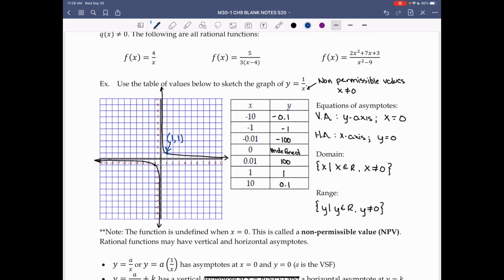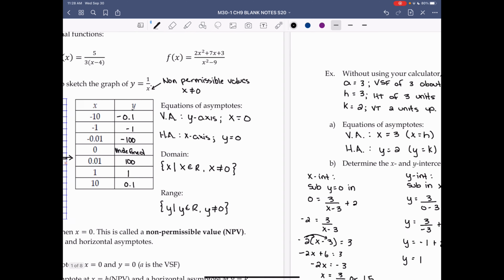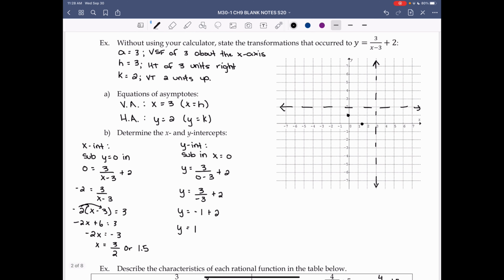And we can use mapping notation to transform that point for our function. x, y goes to, our x is affected by a horizontal shift right 3, so x plus 3, and our y has a stretch of 3, so 3y, and then shift up 2, plus 2.